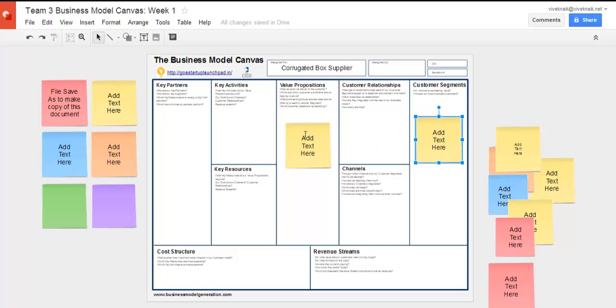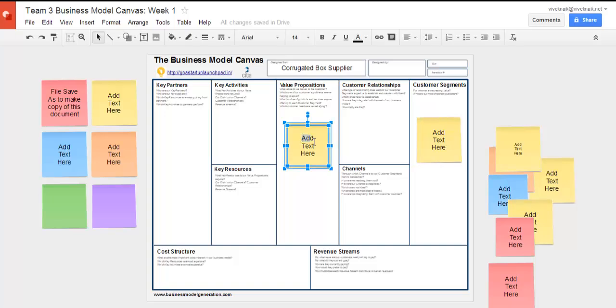In the case of the corrugated boxes, we are supplying corrugated boxes, right? Now that itself is not a very great value proposition, but when you look at the customer, let's try to understand what the customer wants to do.